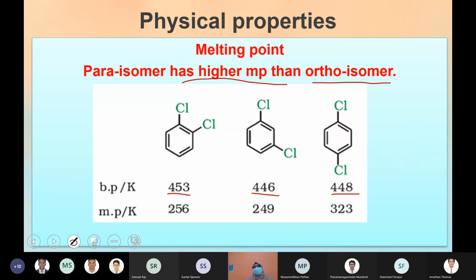The para isomer has a higher melting point than the ortho isomer, because the groups are parallel to each other. Just write it as one point, no need to go into the detail. Melting point of dihaloarenes: the para isomer has a higher melting point than the ortho isomer. Boiling point is almost comparable, but for melting point there is a lot of difference.